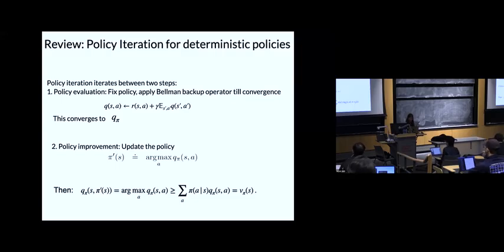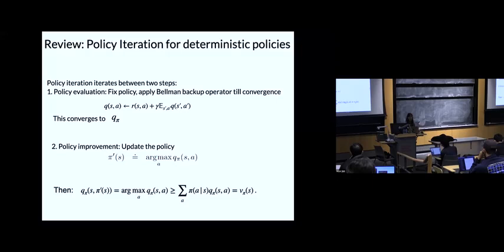We would find states where there was some action that offered advantage, which means what? The Q of S comma A was higher than the V of S. That's it. And then we switch. That's all. And then we showed that if you do that, you land in a better policy, which means what? The values of all states are higher than the values of the previous policy.